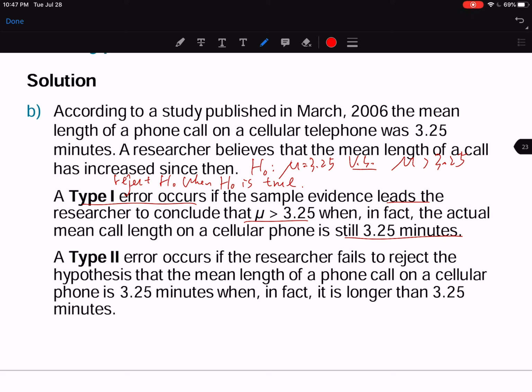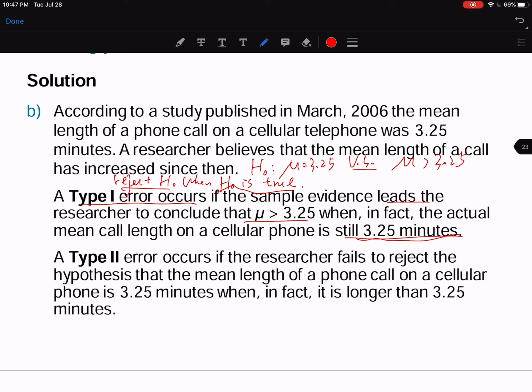That means they are rejecting the null hypothesis, but in fact the actual mean call length is still 3.25 minutes, so H sub 0 is true. That's why they're making a type 1 error.